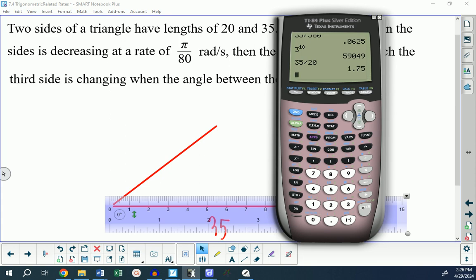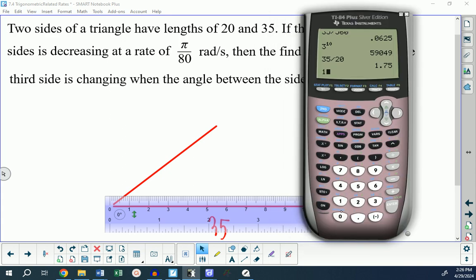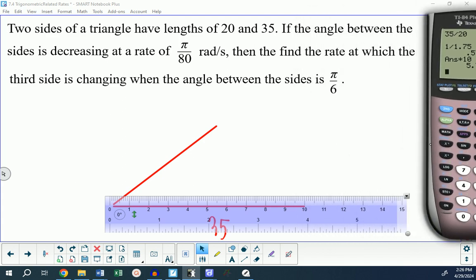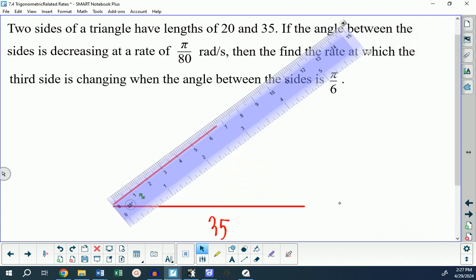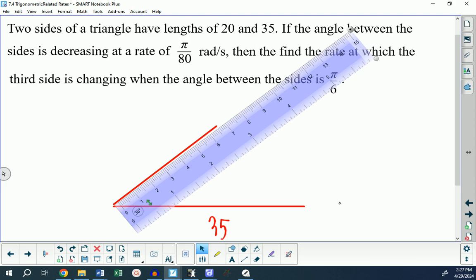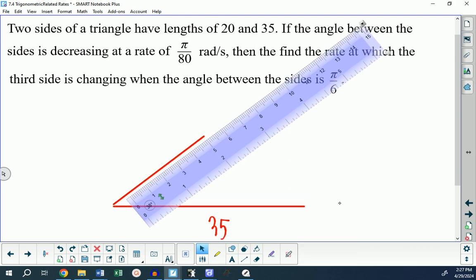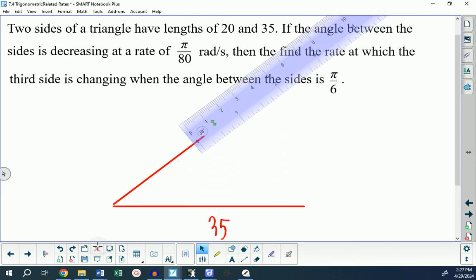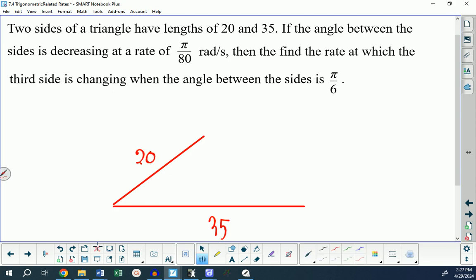So 10 divided by 1 point something. I'm just working out a ratio. I should be drawing this one about 5 point something centimeters long. Yeah, it was a little long. Okay, so that's what we're looking at. That doesn't look right, does it? I guess it does. I'm just spatially impaired, I guess. Anyway, there you go.